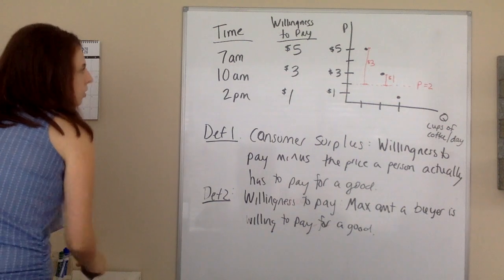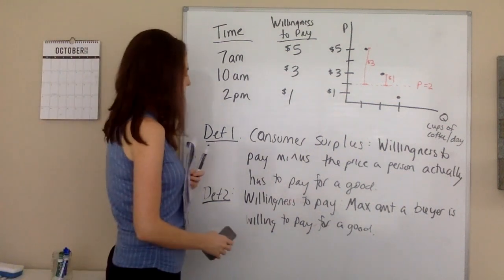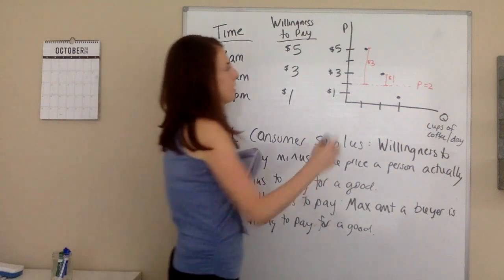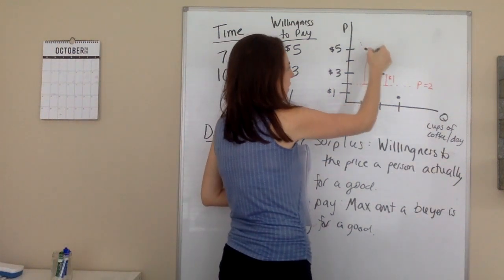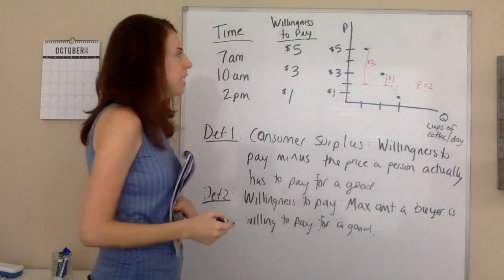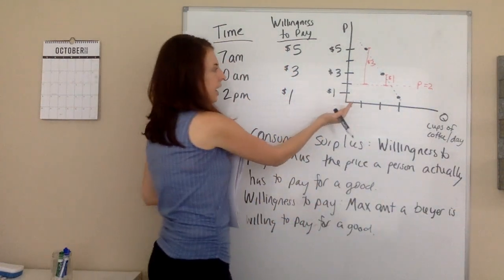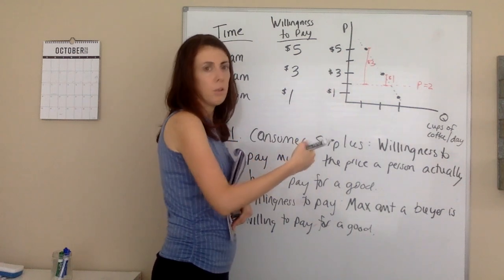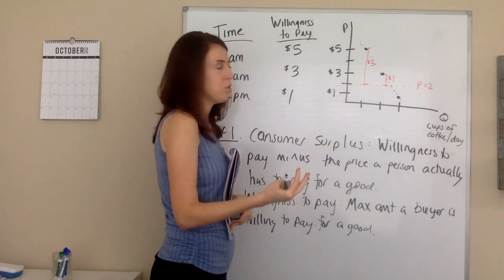One thing that's really nice about consumer surplus is, if you think about it, these dots that I have here are effectively dots that exist along the demand curve. I have right here a demand curve for one individual person, but in a market you're going to have a whole bunch of people. There's tons of consumers.